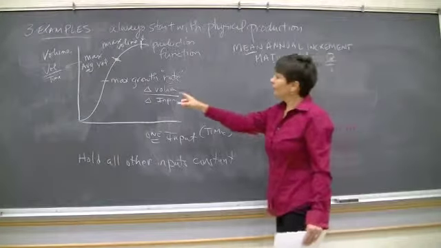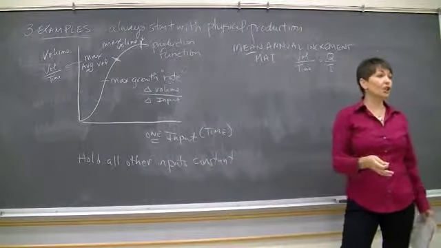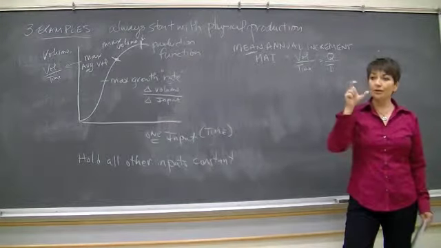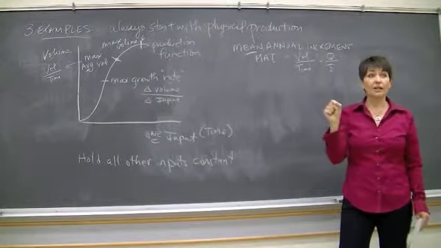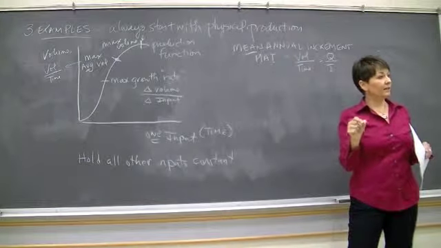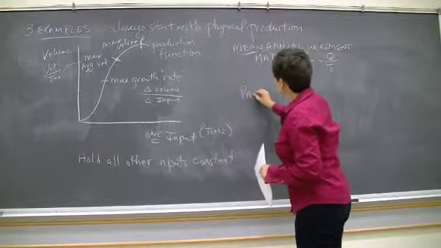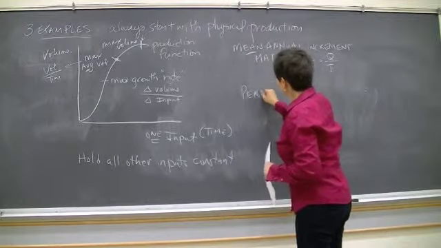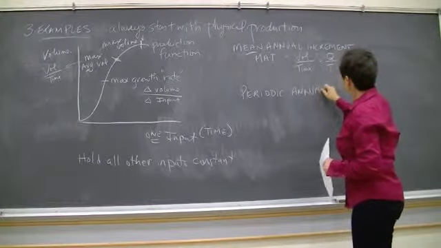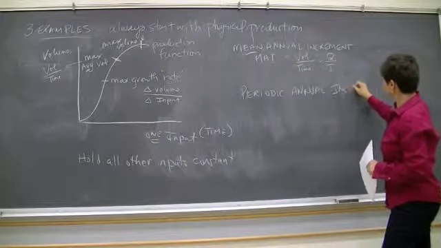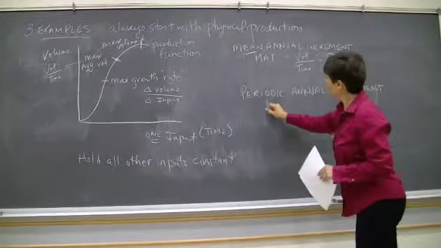We have the maximum growth rate is known as periodic or current annual increment. So it measures the growth at each point in time, from year to year. How much more did we get this year than last year? So we call that periodic annual increment, PAI.